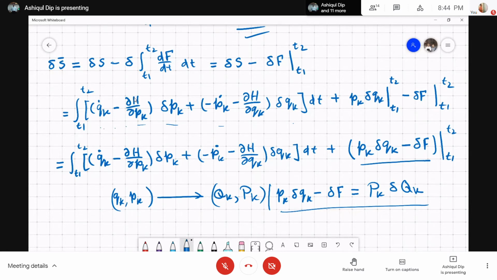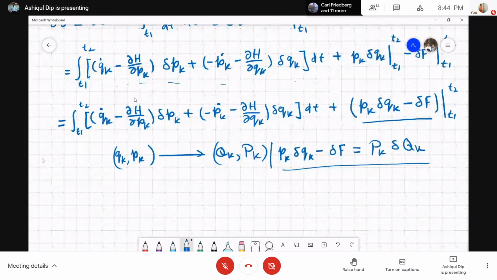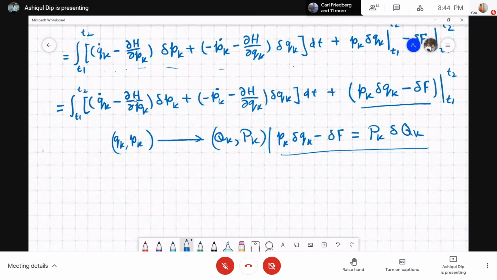Okay, so if we can find a transformation that does just that, p_k variation q_k minus variation f giving you this part, then what happens to Hamilton's equation of motion? That's the biggest question.